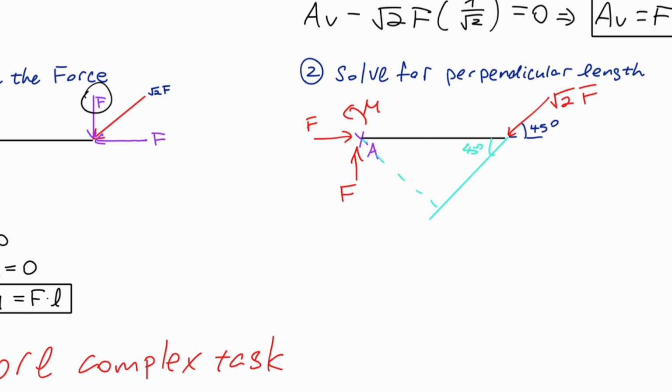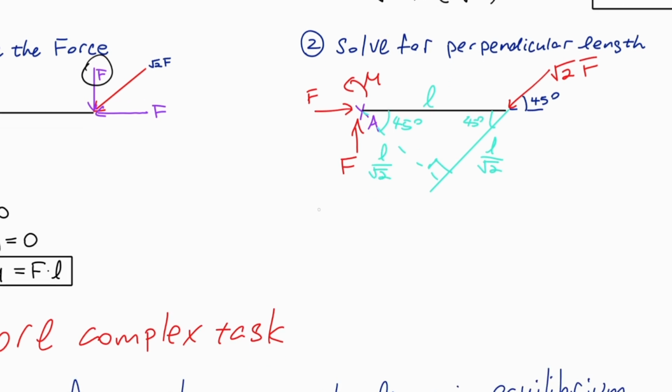And I need to get the perpendicular distance to my point A, just like before. So this angle is a right angle. When I do this, I know that this length up here is L, right? We were given that. And that angle is 45, which means this angle is also 45. If I decompose this with Pythagoras or with basic trigonometry, I will get that this is L over square root of 2. This is L over square root of 2 as well.